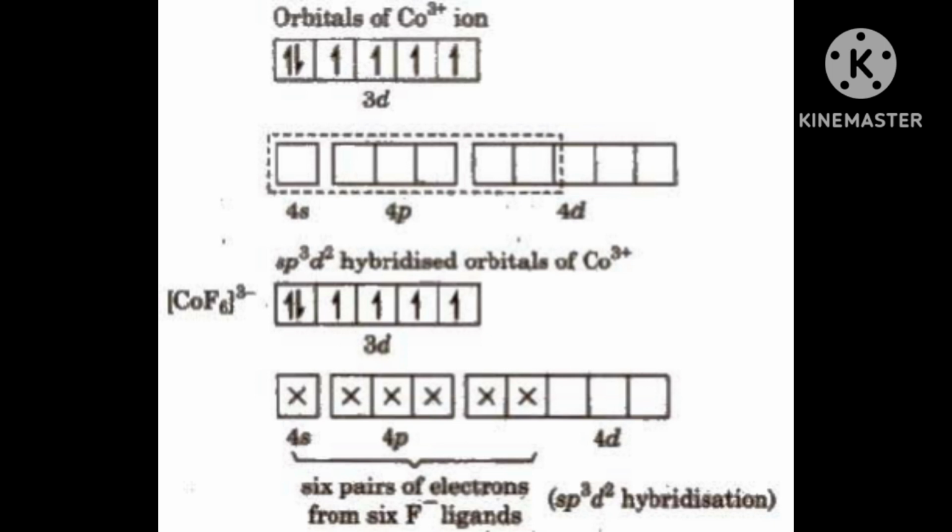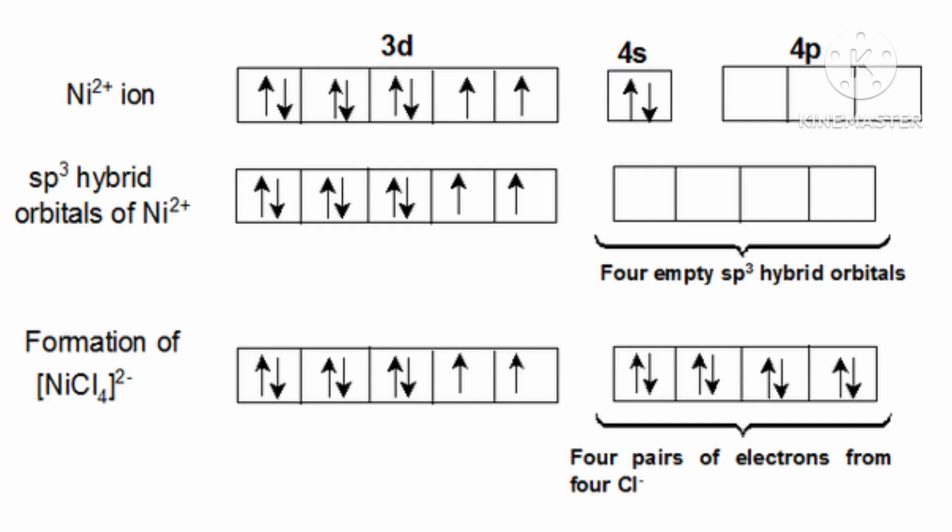Oriented means arranged; it is arranged in that way. sp3 is there, so it will be tetrahedral, total including the central metal it is 5. Here nickel is in the +2 oxidation state, and the ion has the outermost electronic configuration 3d8. The hybridization I have already discussed. Each chloride ion donates a pair of electrons. The compound is paramagnetic. Why paramagnetic? Because it has 2 unpaired electrons.